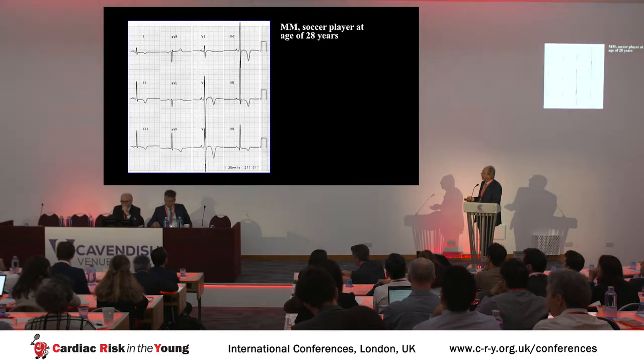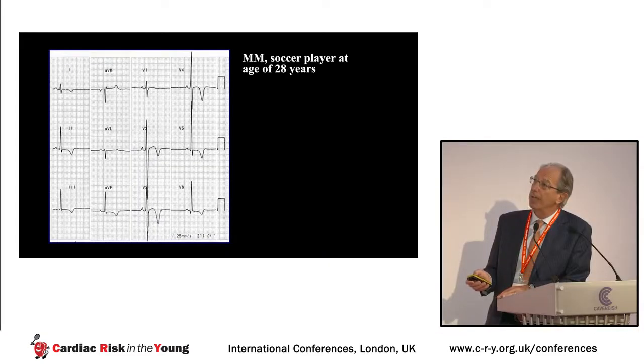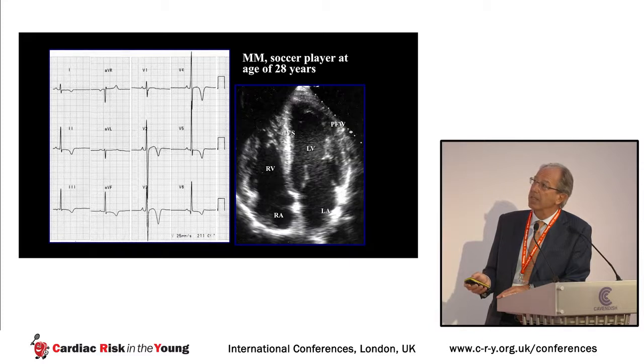And just a very short example: this is a soccer player, aged 28, horrible EKG, in the presence of completely normal left ventricular morphology, structure, and function.